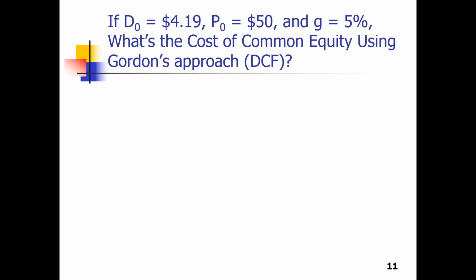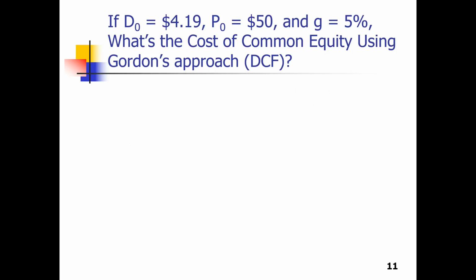Then we go to DCF, or Gordon's model. This company in our classroom exercise paid a dividend right now, D0 for time 0, this year, and that dividend was $4.19. The price of the stock of this company is $50 right now.